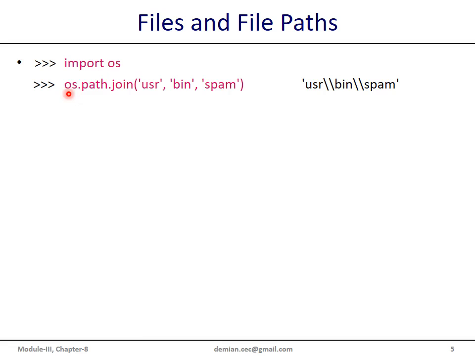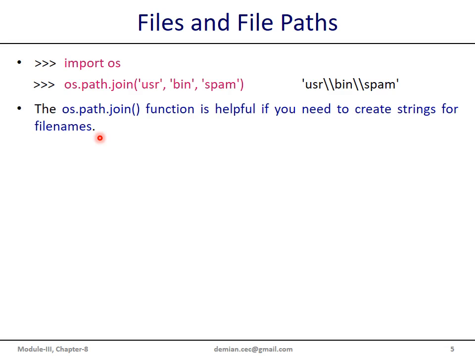We pass all these string values of folder names to the os.path.join function, which creates the path using these folder names. The os.path.join function is also helpful to create different strings as file names.